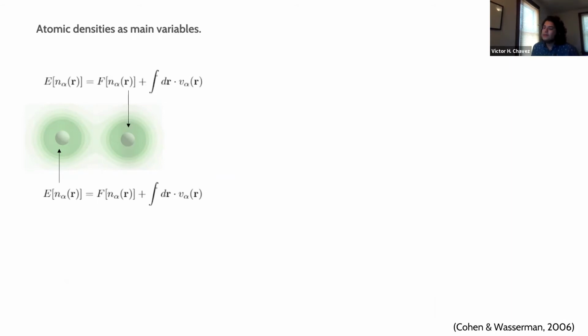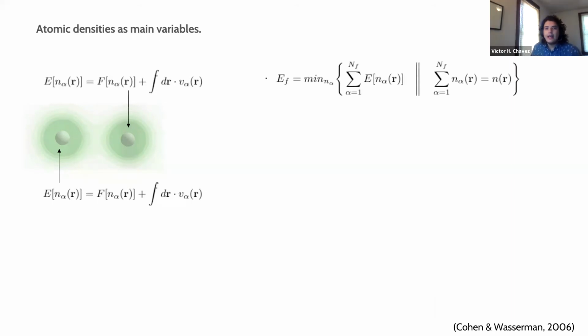What I'm really interested in here is to minimize the fragment energy with the constraint that I retrieve the molecular density again. Of course, at the beginning I said that I am doing quantum DFT on each of the fragments, but having this constraint does modify a few things.